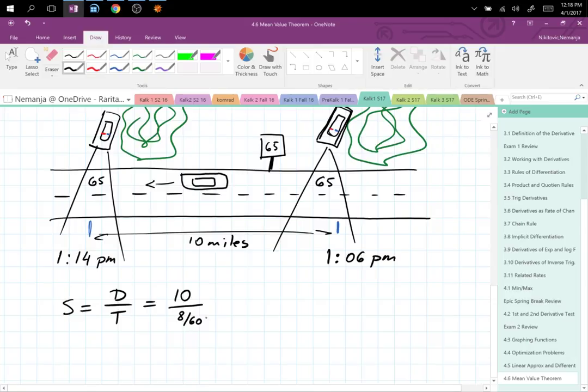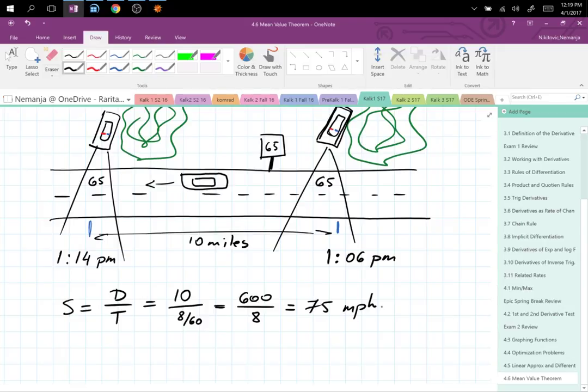Because if you put 8 minutes there, then it's miles per minute. So this is now 600 divided by 8. And what's your average? 75 miles an hour. So that's 10 over.